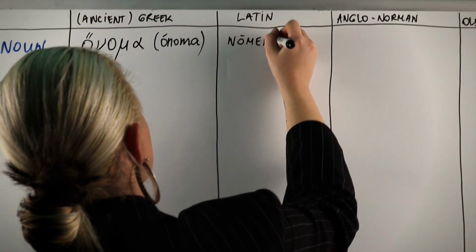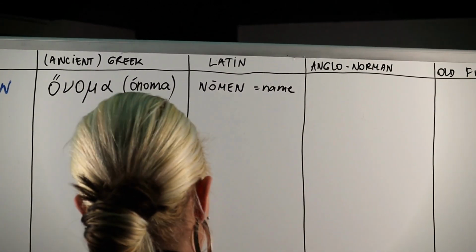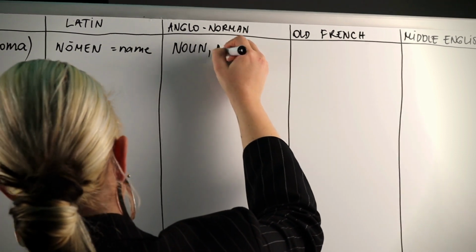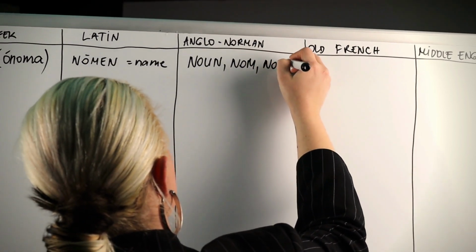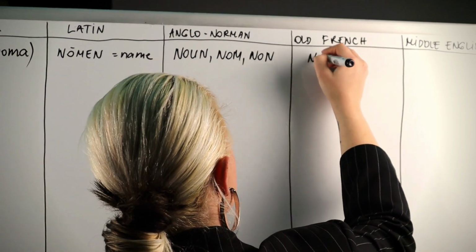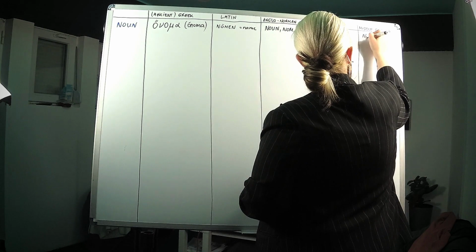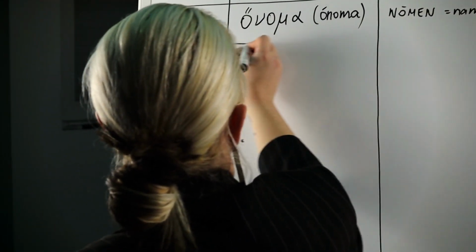And the Anglo-Norman and French had different kinds of variants of this word. For example, noun, nom, non, and of course French would be non. And in the Middle English variant, which was that transition period, it basically crystallized into the word noun as we know today.